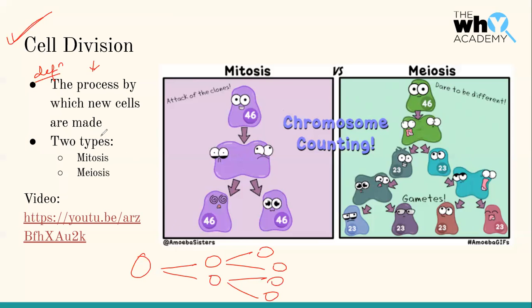Okay. Another thing you must know is that there are 2 types. One is called mitosis and one is called meiosis. Be careful of the spelling. MEIOSIS. Okay. And mitosis. What is the difference between the two is mainly 2 points. Let me write it here better.